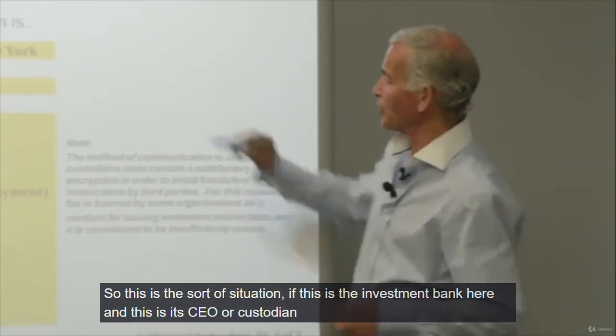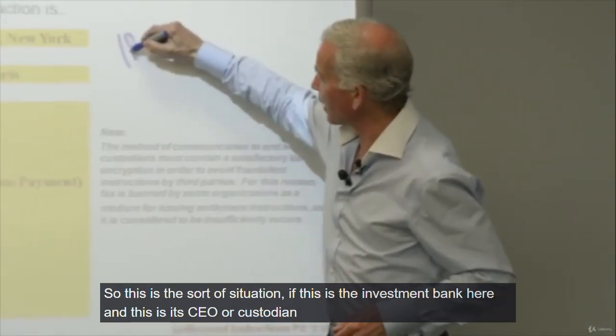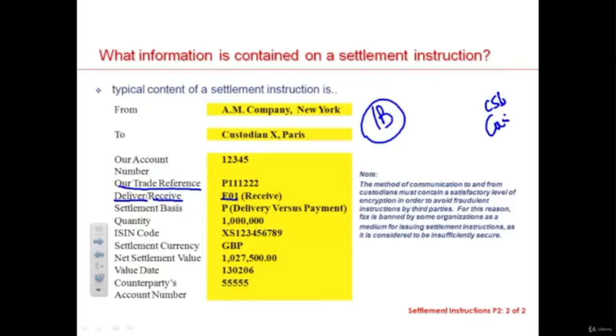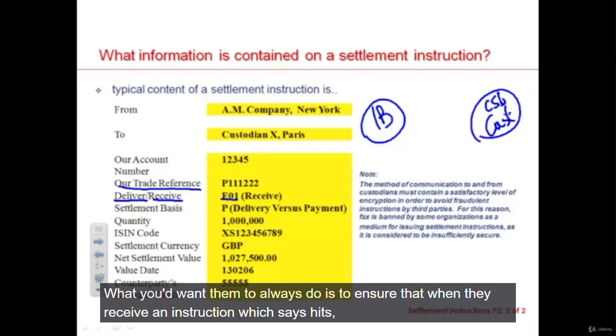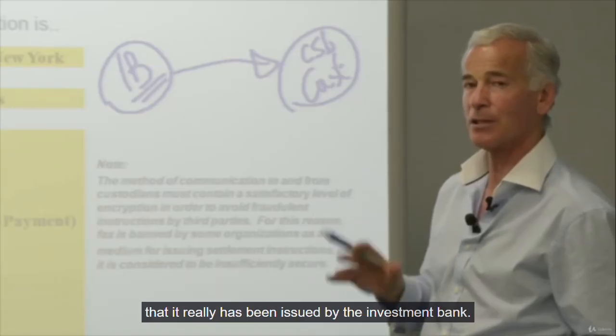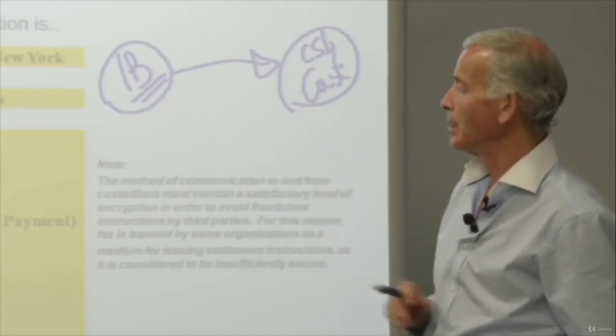So this is the sort of situation, if this is the investment bank here and this is its CSD or custodian here, what you'd want them to always do is to ensure that when they receive an instruction which says it's been sent by this particular investment bank, you want them to act very, very carefully to ensure that it really has been issued by the investment bank.